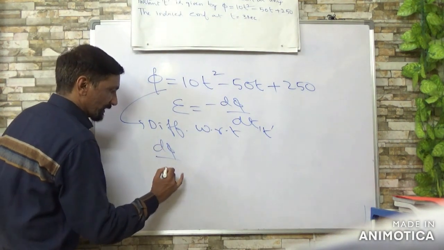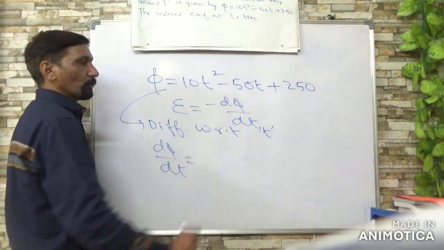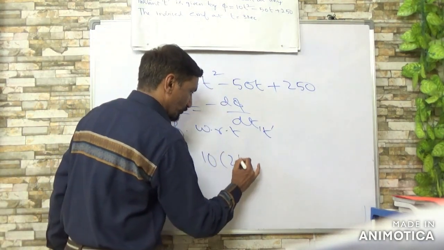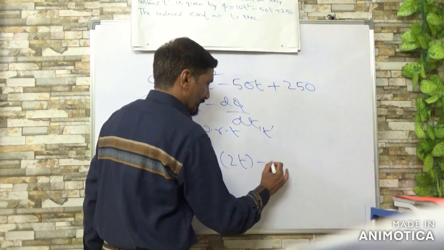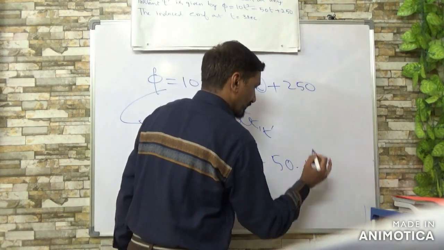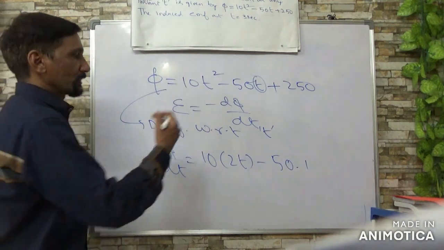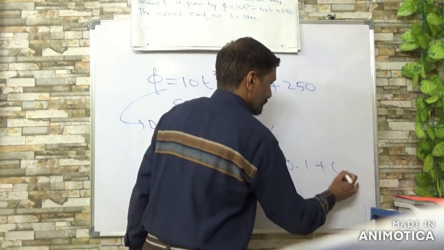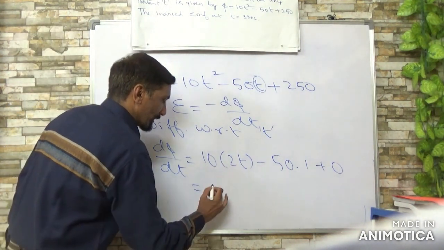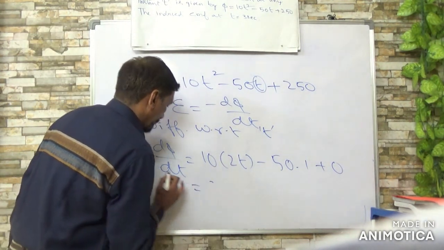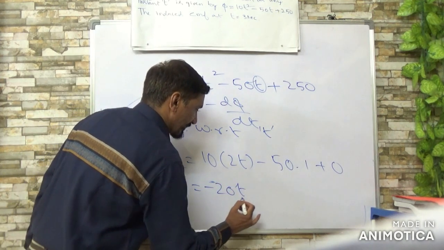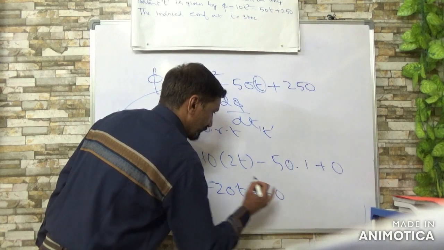So d phi by dt. 10 into t square, differentiation is 2t, minus 50 into the differential value of t, which is 1. Next, any constant is 0. Since this is with a minus sign, you get minus 20t plus 50.